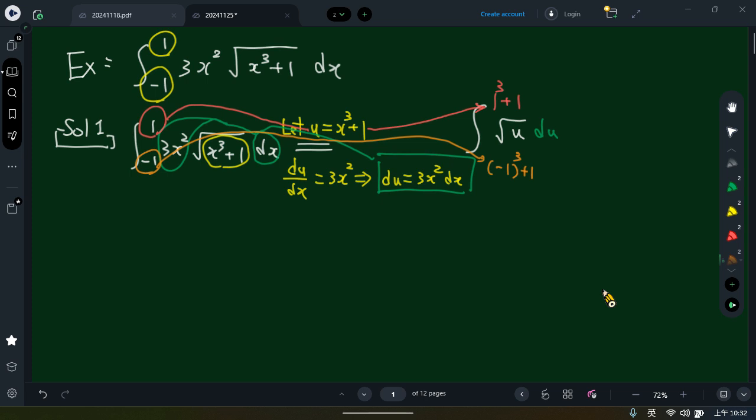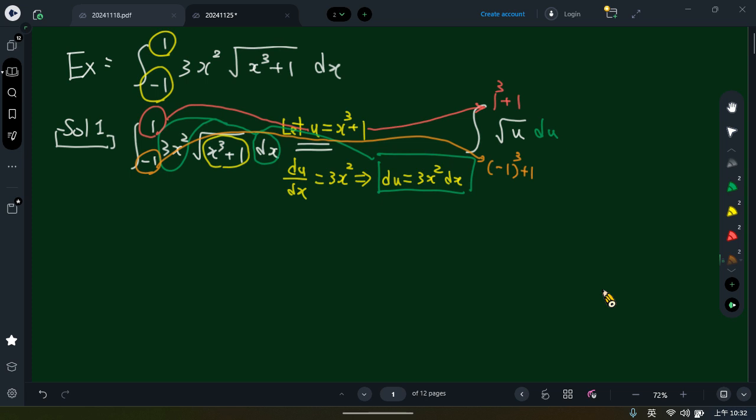So we can see, because you just use the new variable, it will be u. So it will be u, right? But don't forget, 2 bounds, 2 ends, 2 limits for the integral should be also changed.